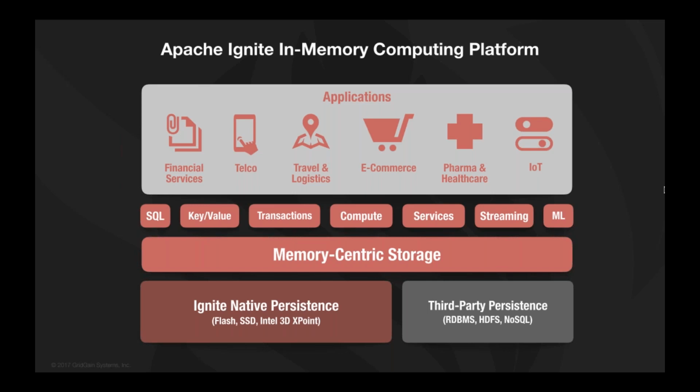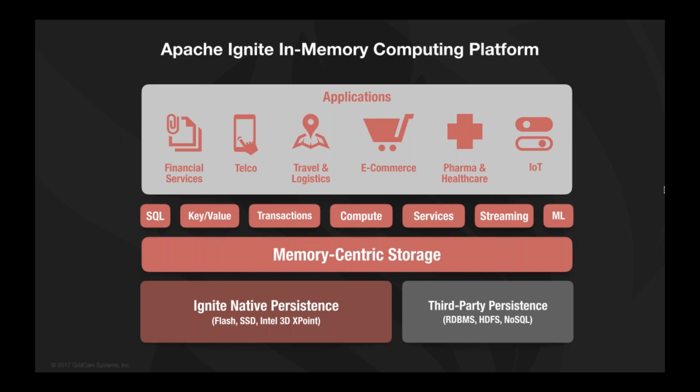For instance, if you now take a look at the APIs that are supported on top of our memory-centric storage, and you highly rely on SQL capabilities, then in the scenario with Ignite native persistence, SQL queries will be executed over the data that is both in memory and on disk. But if you use some third-party database, like a relational database, like MySQL or PostgreSQL, SQL queries will not be able to execute over that database. They will require you to have all the data in memory.